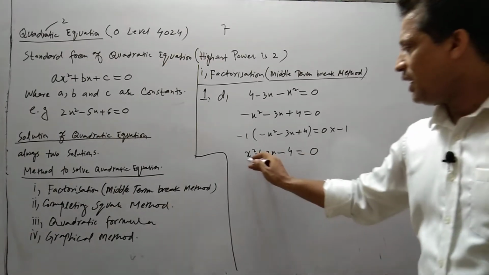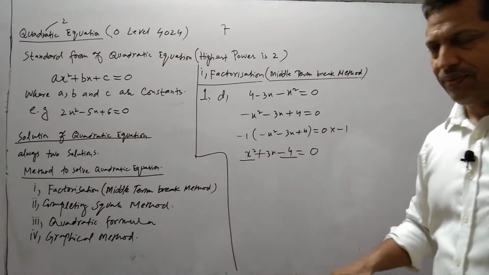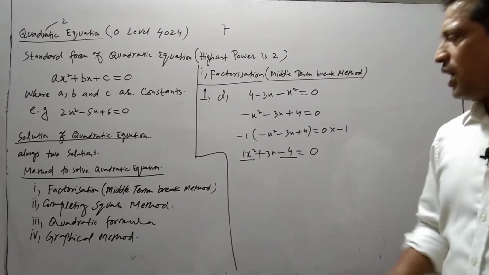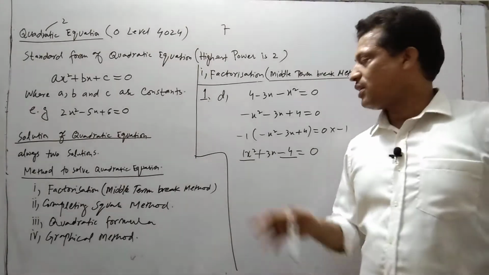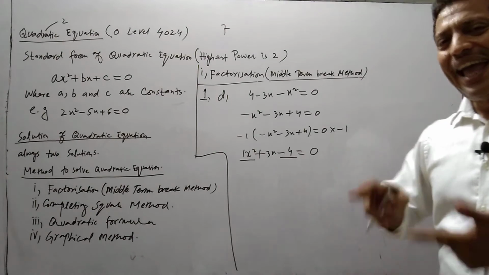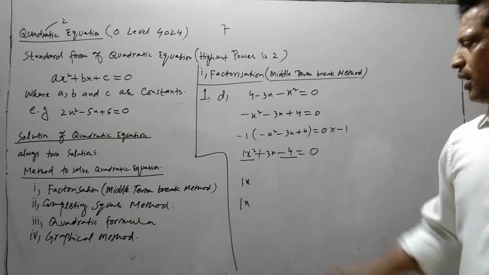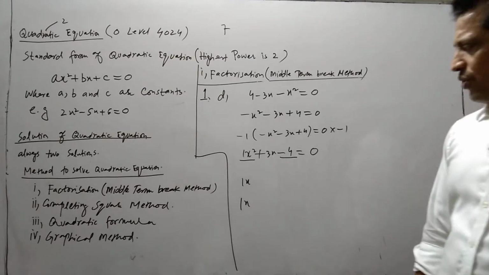Now again apply our method. What is our method? Take the first term and take the last term. In the first term, this is 1x square. What I told you, always convert one term into two terms. So we have to get x square, so we can write 1x and 1x. Break this number 4.